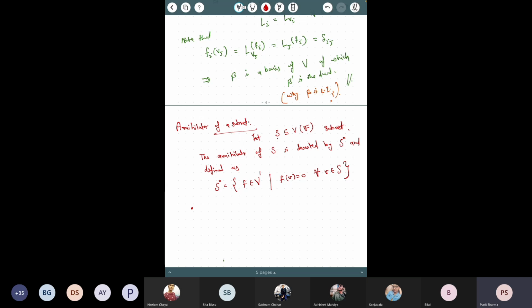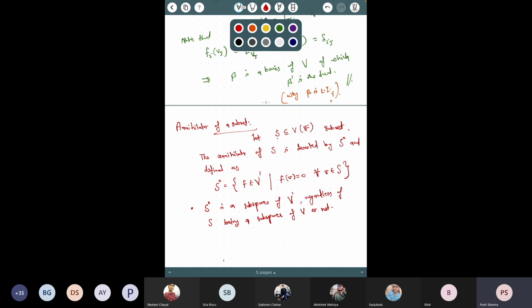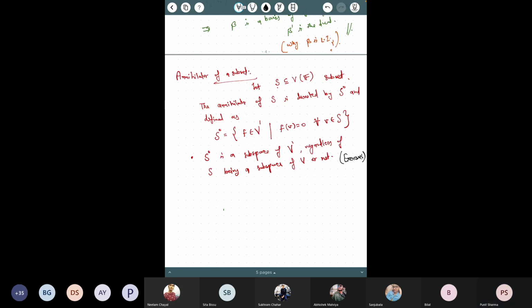Not only a subset, you can show that the annihilator of S is a subspace of V dash, regardless of S being a subspace or not. Okay, so this you can easily verify. So I leave this as an exercise: S naught is a subspace.